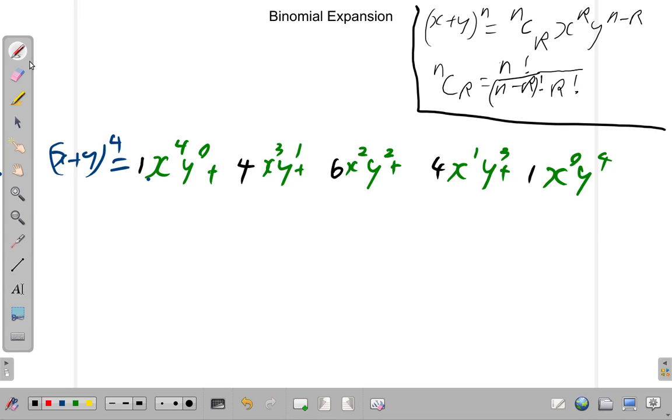Alright, we continue looking at the binomial expression and doing an overall review of it. Remember when we expanded (x plus y) to the fourth, we said this was 1x to the 4 y to the 0, plus 4x cubed y to the 1, plus 6x squared y squared, plus 4x to the 1 y cubed, plus 1x to the 0 y to the fourth.